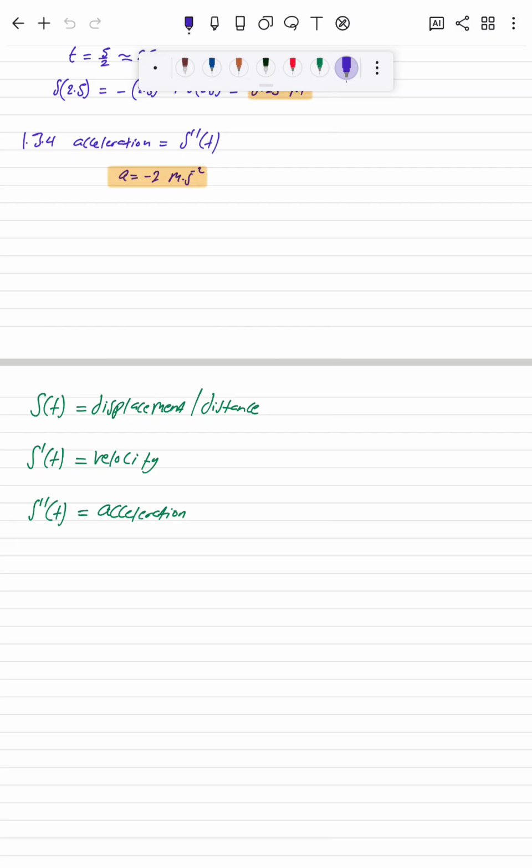I'm simply going to state what you need to know. Number 1, you need to know first principle. Number 2, you need to know all the rules of differentiation: power rule, product rule, quotient rule, chain rule. And then applications: how to find the tangent, the turning points, the point of inflection, the velocity and acceleration.